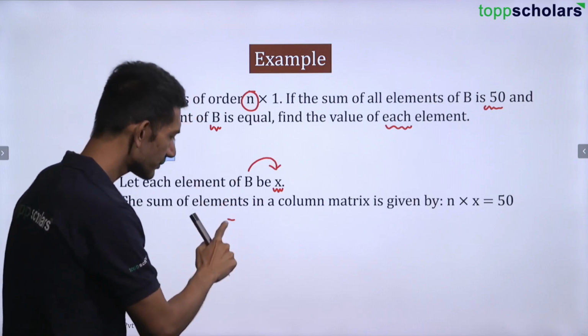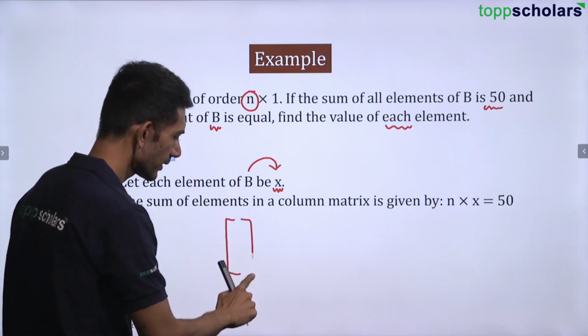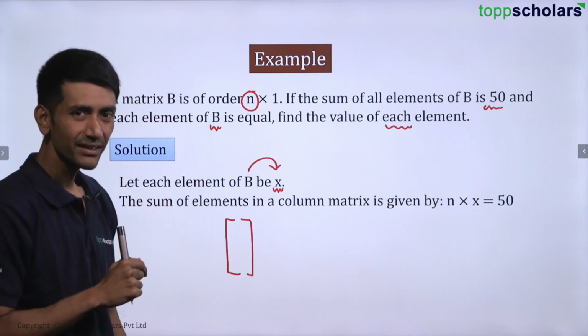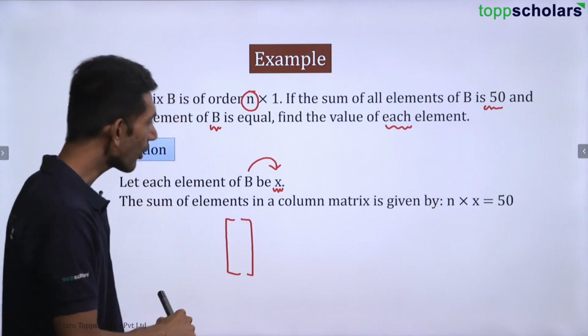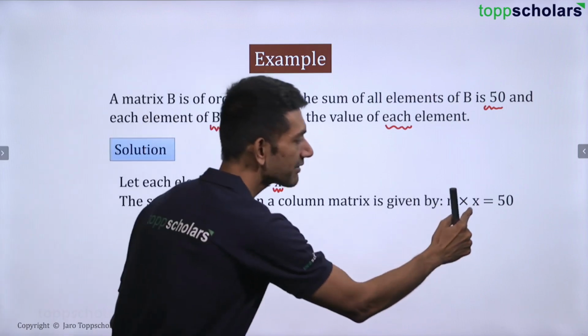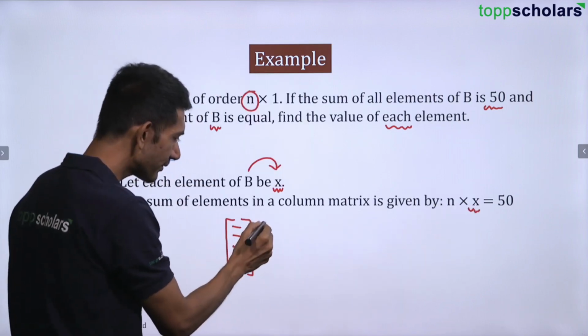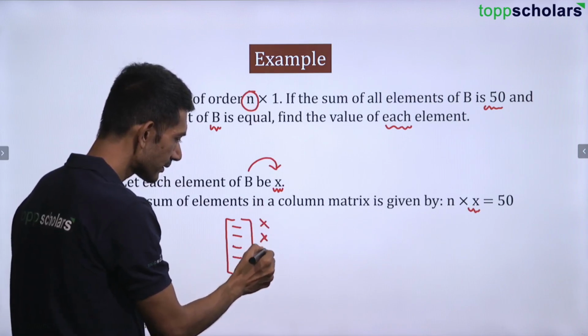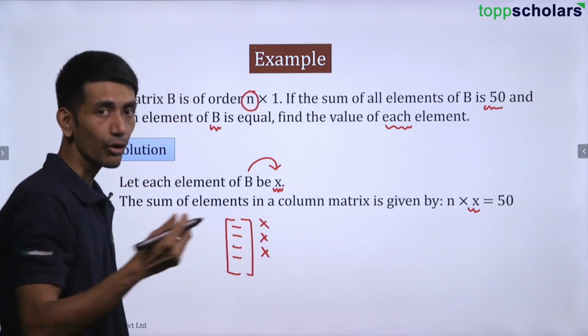So this is nothing but your column matrix, isn't it? Because there is only one column and there are n rows, and x is an element everywhere, because all the elements are equal.